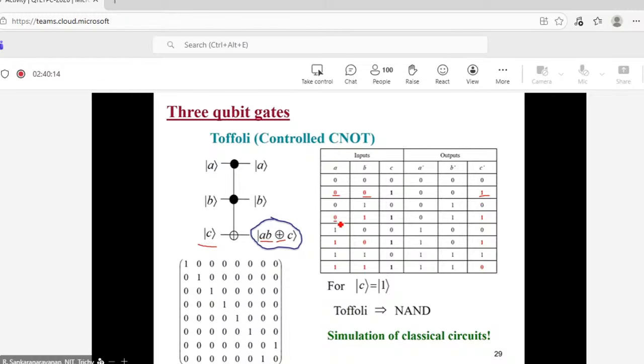Similarly, if the input is 0, 1, the output is 1, and if the input is 1, 0, the output is again 1. And if the inputs are 1, 1, the output is 0. So if you look at only the green colored numbers, you see that we are essentially reproducing the NAND operation.